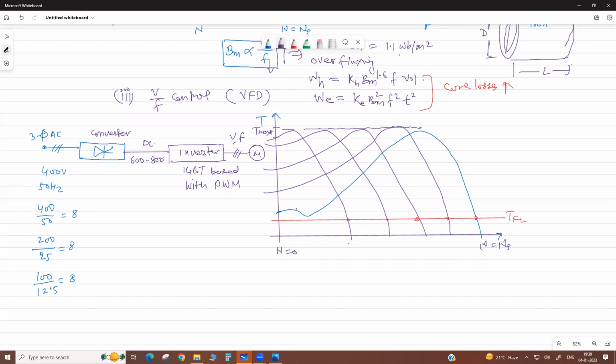Actually, VFD is recommended for variable load. Variable load means, suppose you operate a pump, blower or fan from this motor. When the load on this changes, it is the flow rate Q, flow.